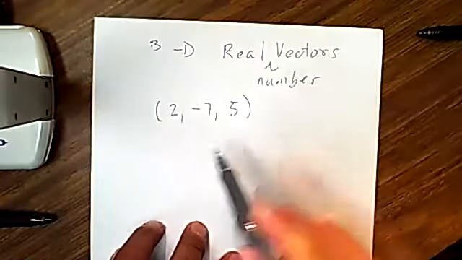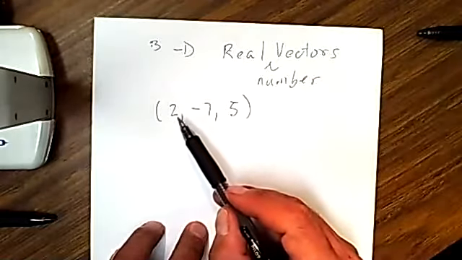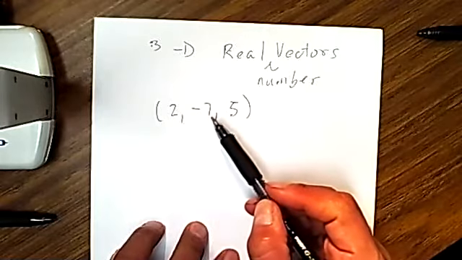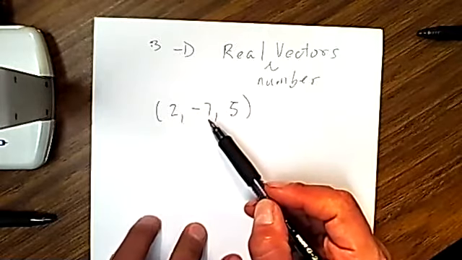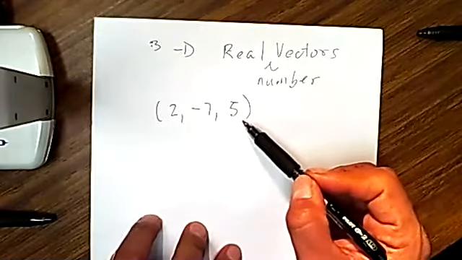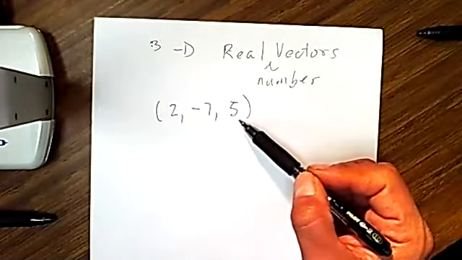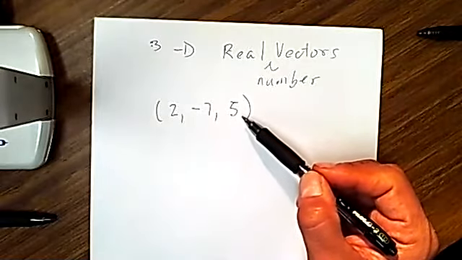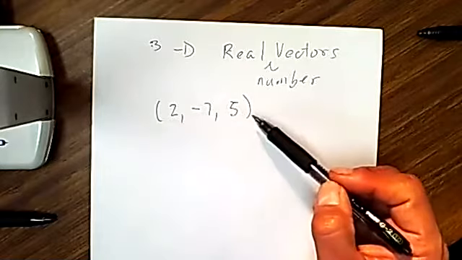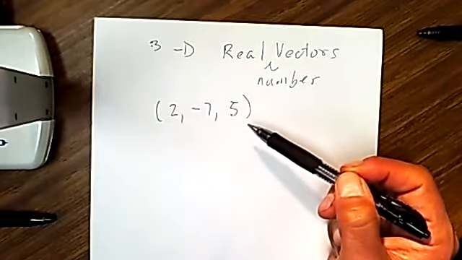And that means that this vector contains the elements 2, and it is clear that 2 is the first element, -7, which is another real number, and that is the second element in the vector, and then 5 is the third element. We also call those elements components: first component, second component, third component of the vector.